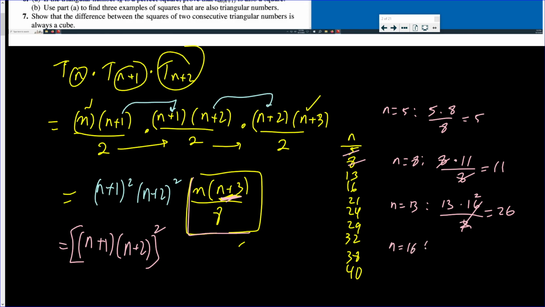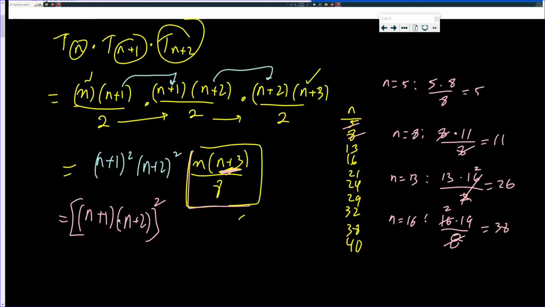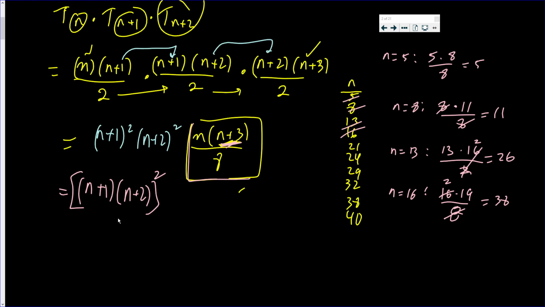If n is 16, I get n times 3 more over 8. Excuse me, 8 goes into 16 2 times, and I get 38. That's not working. So these are done. Let's try 21. You get n times 3 more over 8.